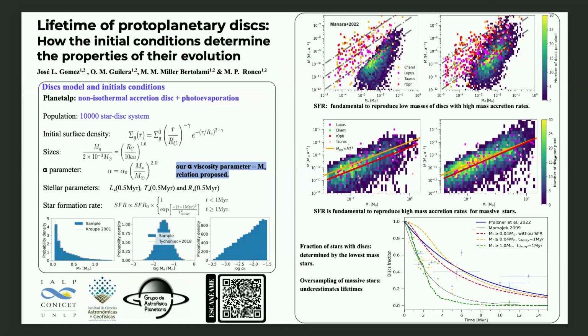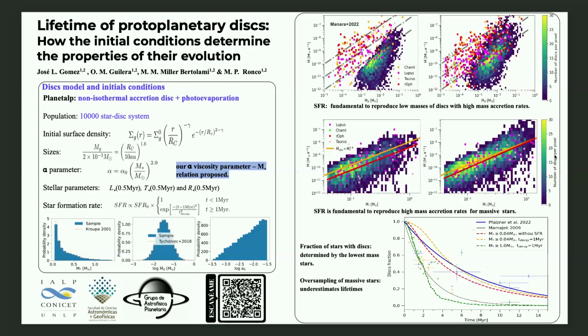We use a planetary code with solved non-isothermal accretion disks and photoevaporation, performing a population synthesis with 10,000 star-disk systems. You can see the initial conditions at the left. Two important initial conditions are that we proposed a correlation between the alpha parameter and the stellar mass.